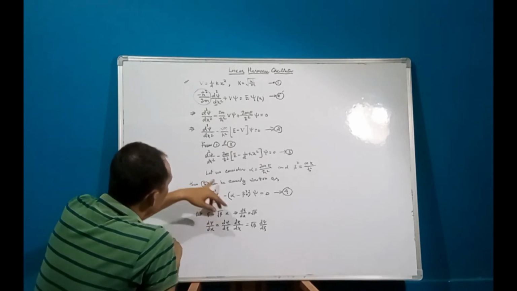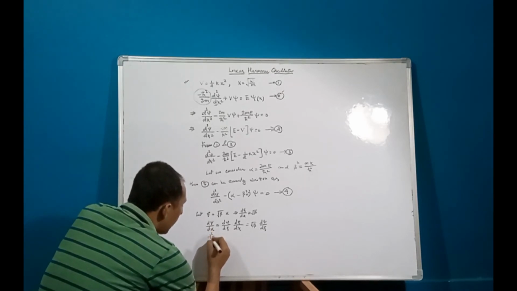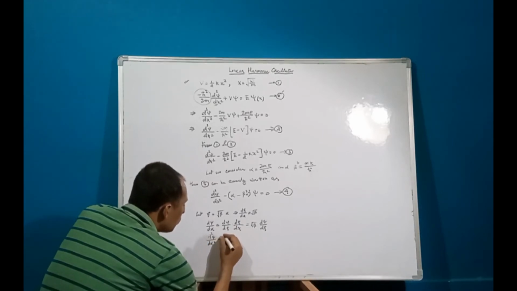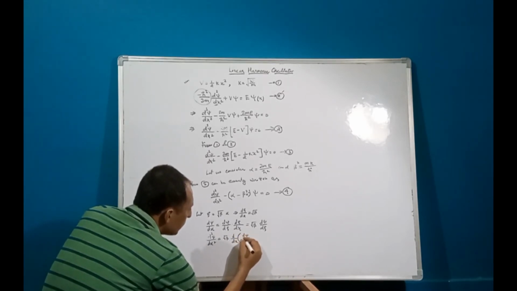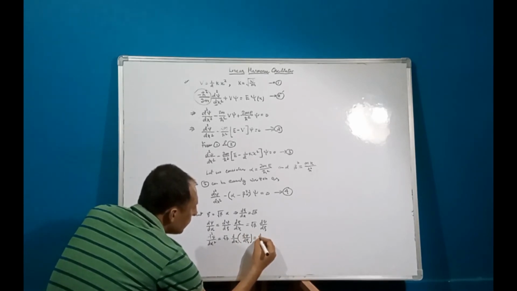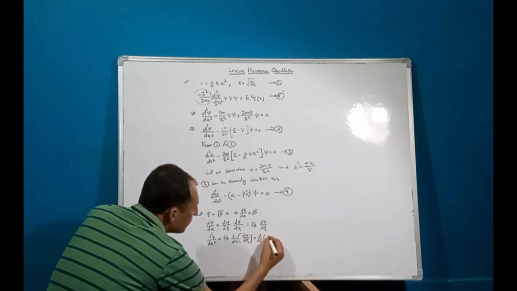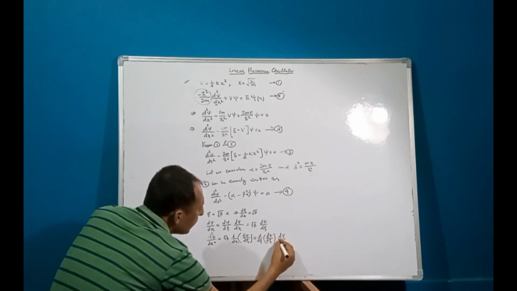Now we want to calculate the double derivative, so we can write d2 psi over dx square is equal to root beta d over dx of d psi over d xi, and now this can be written as d over d xi of d psi over d xi multiplied by d xi over dx.